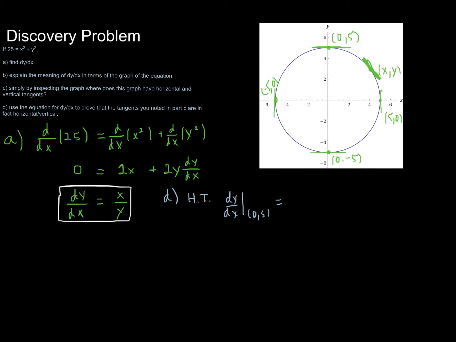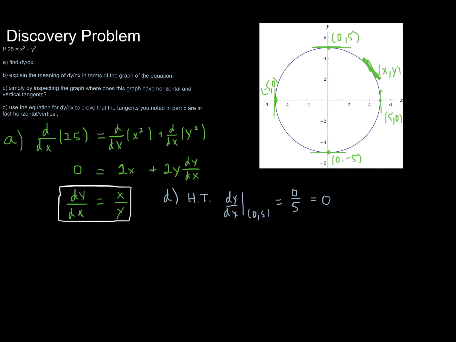All right, so we'll start off with the horizontal tangents, and if I want to prove that the tangent at this point 0, 5 is in fact horizontal, well then I need to show that the slope is 0. So to find the slope at this point, I will use my derivative that I've already found, and the derivative of y with respect to x at the point 0, 5 is given by 0 over 5. And 0 divided by anything is 0.